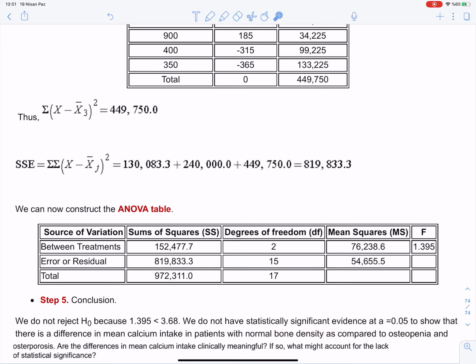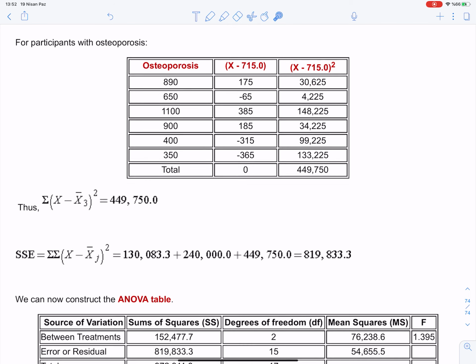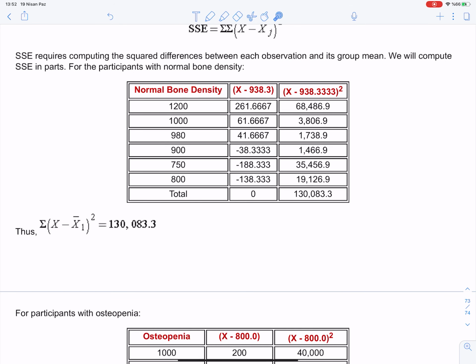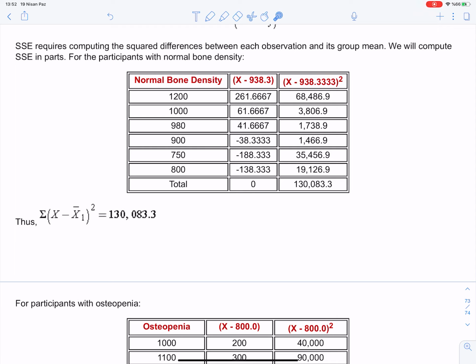The next question: are the differences in mean calcium intake clinically meaningful? If so, what might account for the lack of statistical significance? We were expecting to have statistical significance. At the beginning of the example, this was my expectation from my daily life information. We expect that at least the people who have normal density will have more calcium in their bones.